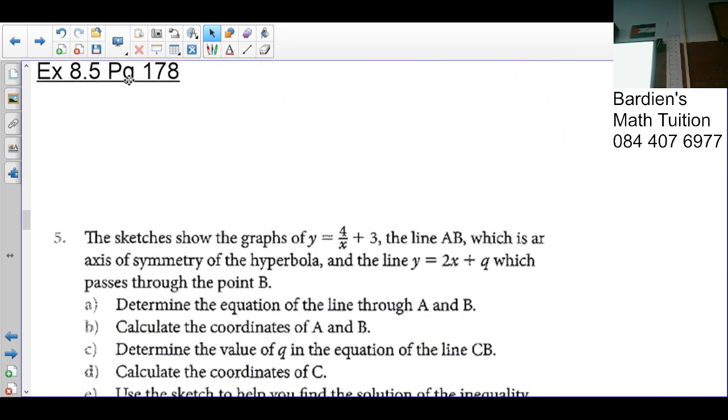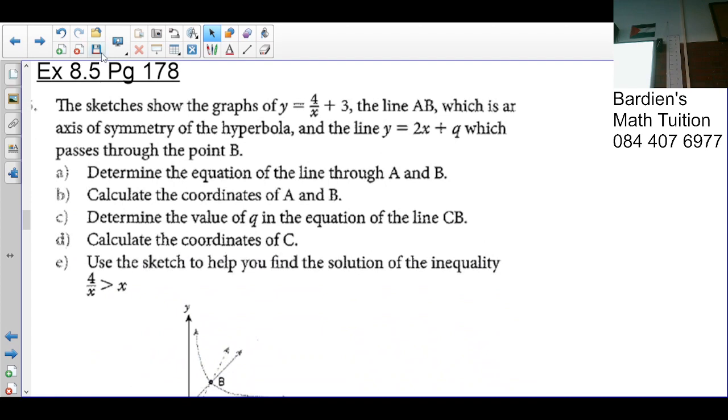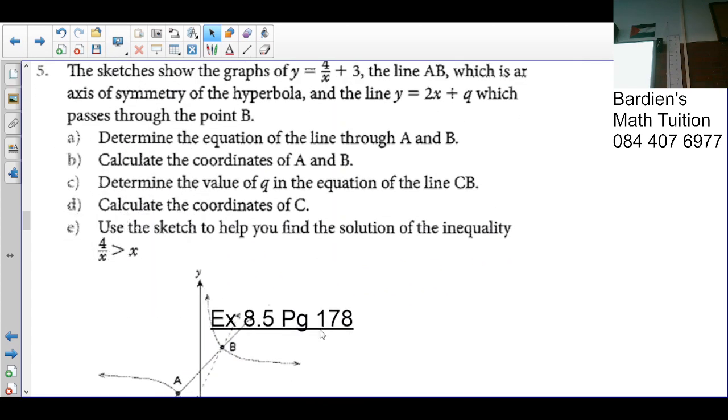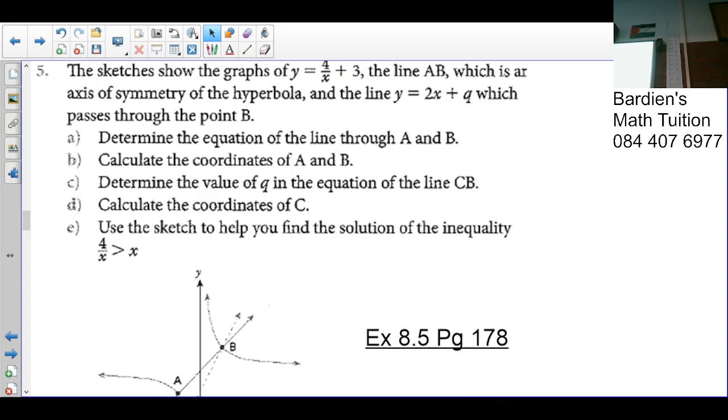The next one, number 5. So we are told that the sketch shows the graphs of y is equal to 4 over x plus 3. Which type of graph is that? Hyperbolic graph, yes.